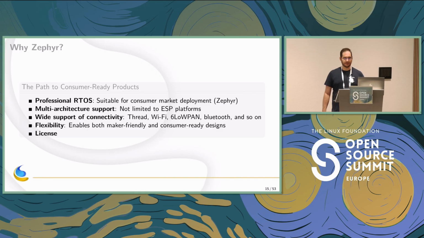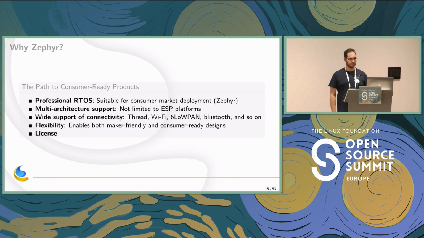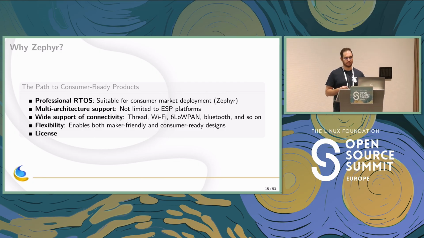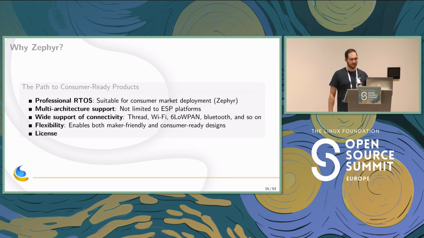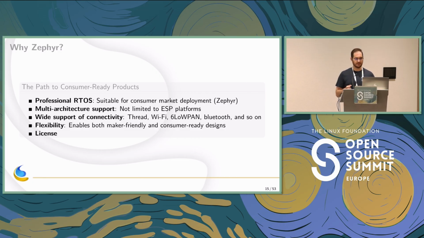So why use Zephyr? Actually, I use it every day at work. I work a lot with Zephyr. This is an OS that is already suitable for making a product for a market. It is already used in a lot of products. It supports a lot of SoCs, not just the ESP. It also has support for a lot of radio protocols and a lot of connectivity.